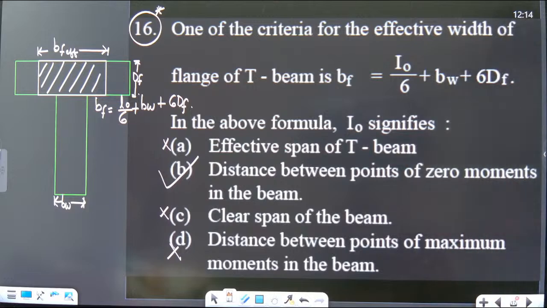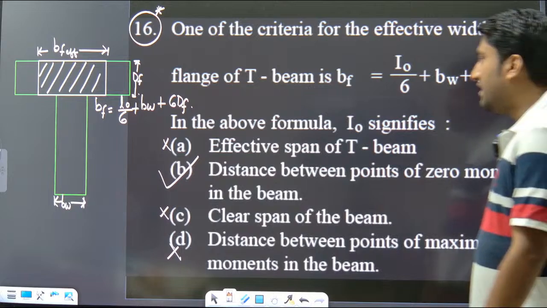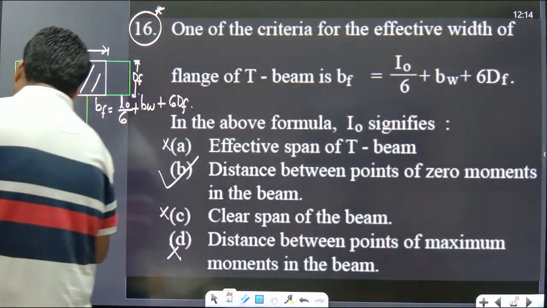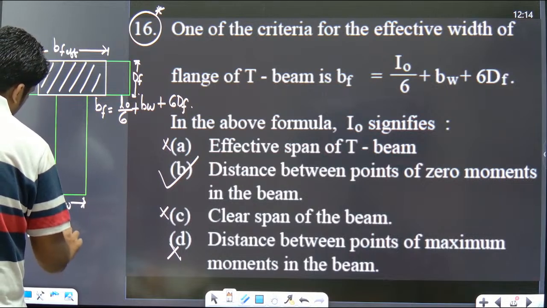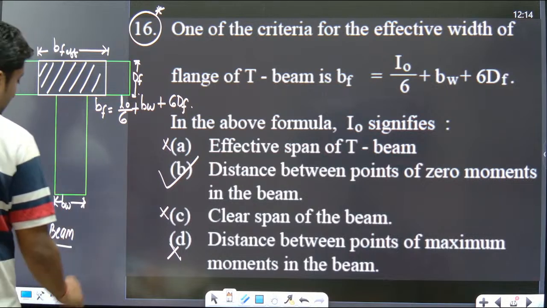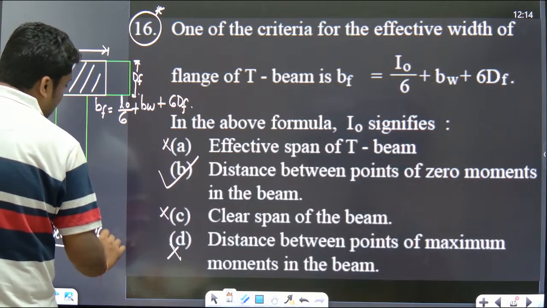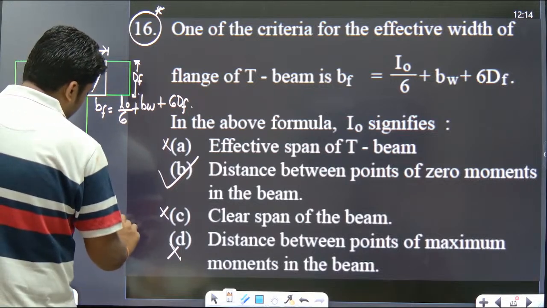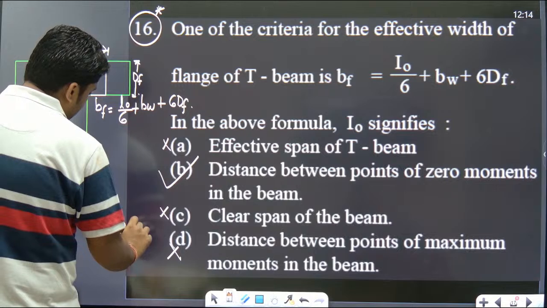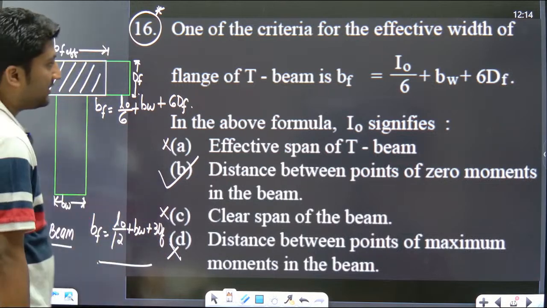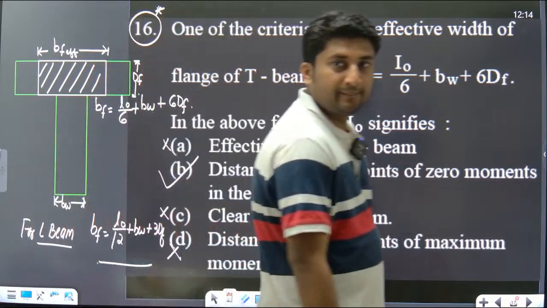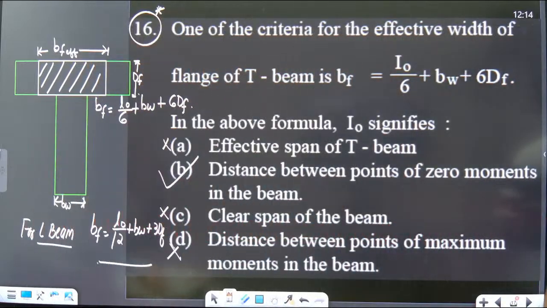The effective width of flange is L naught by 12 plus BW plus 3 times DF. This you need to remember. Yes, this is the answer.